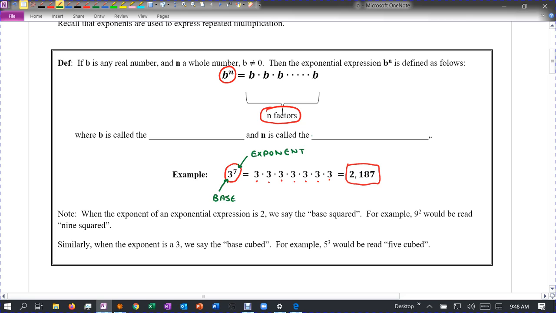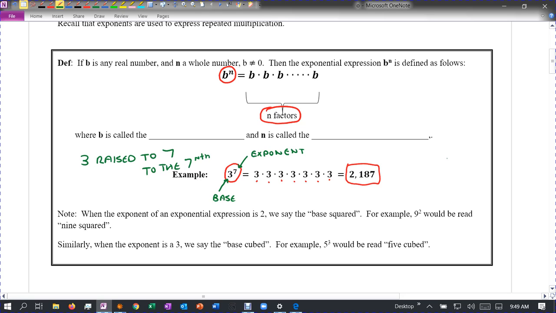The way that we say something like that, where your base is 3 and your exponent is 7, is we say 3 raised to 7, or we could say to the 7th power, or just 7th. So that's the language that we use.